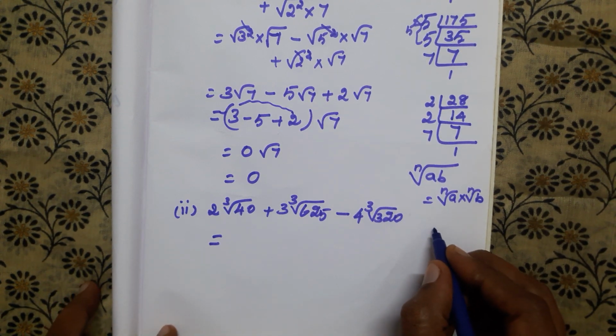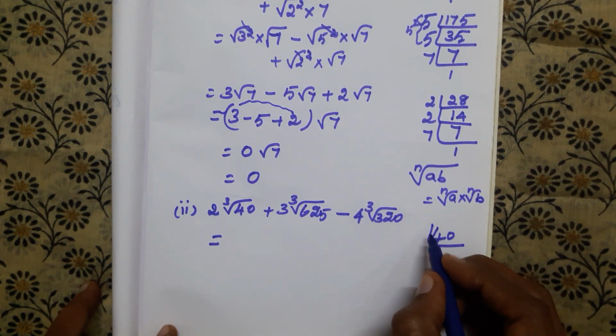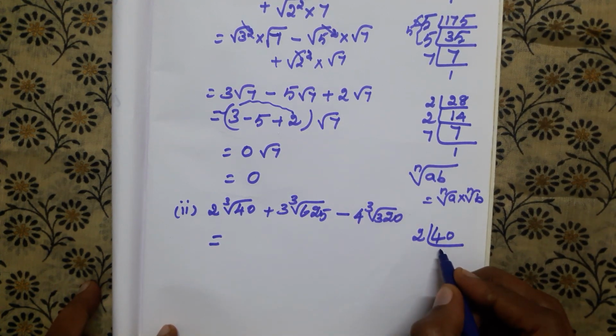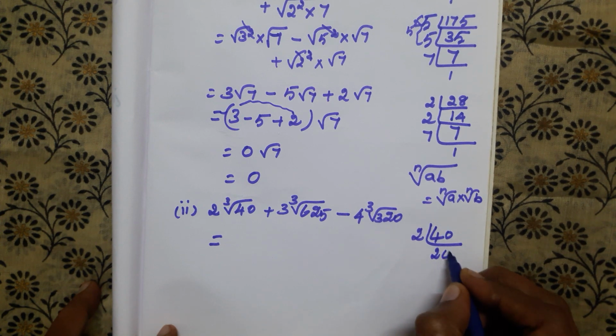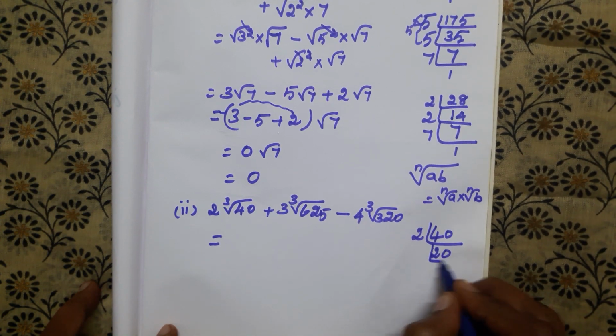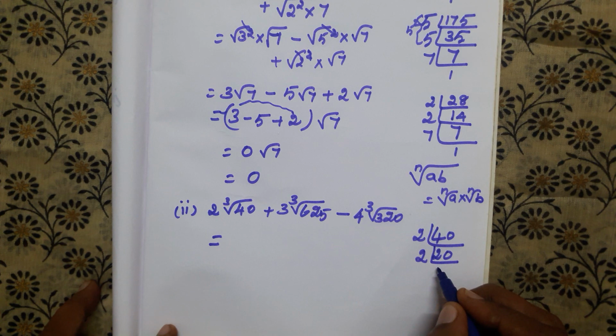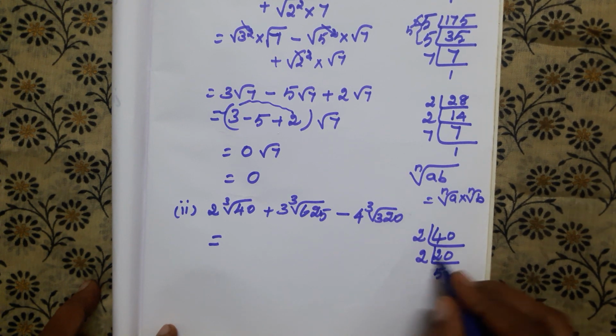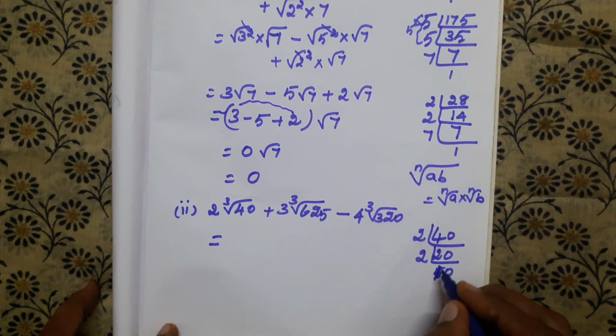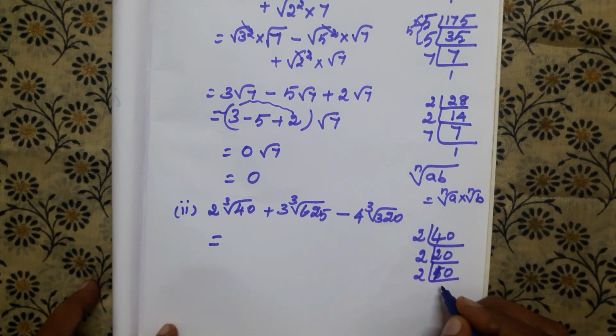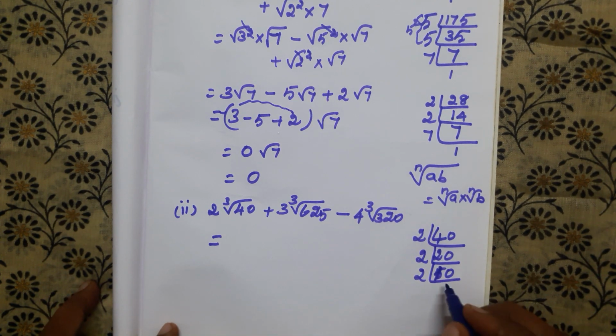40 we have to factorize. When we are factorizing this 40, what will we get? 2 table, 2 2s are 4, 0. Again we can factorize with the 2 table, 2 2s are 4, 0. Next again 2 table, 5 2s are 10.